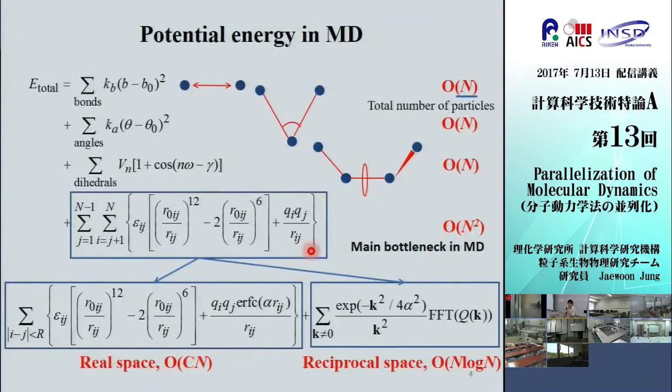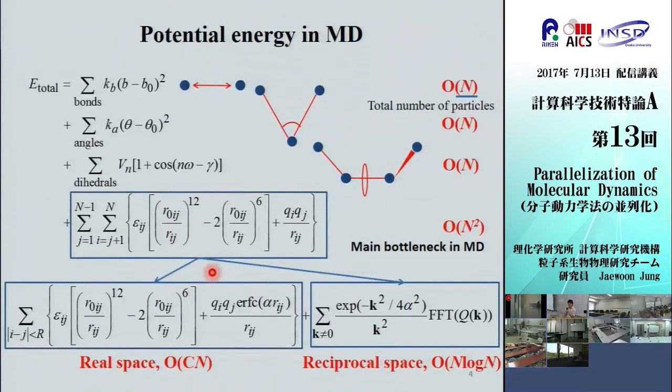So nowadays, no MD program calculates non-bonded interactions in this way because it is very time-consuming. People make several approximations. And one of the most popular expressions is to decompose these non-bonded interactions into real space and reciprocal space.